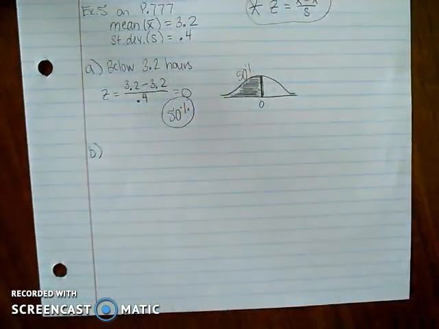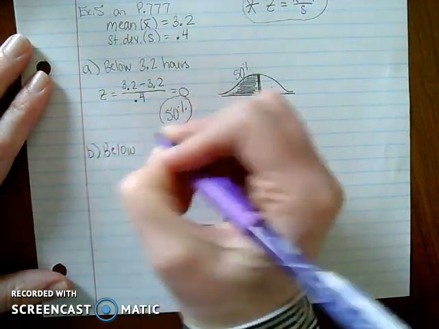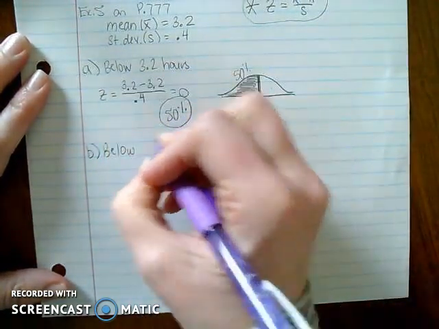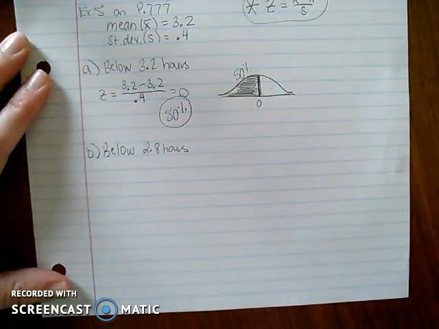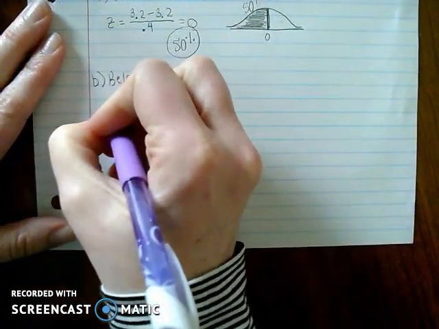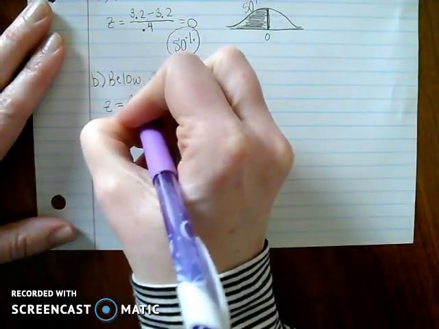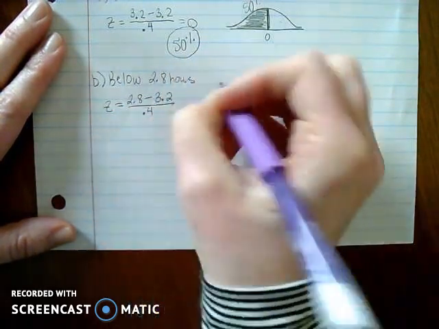So let's look at B. They want us to know what percent of the rides are below 2.8 hours. Okay. Below 2.8 hours. So again, you're going to calculate Z equals 2.8 minus 3.2 all over 0.4.